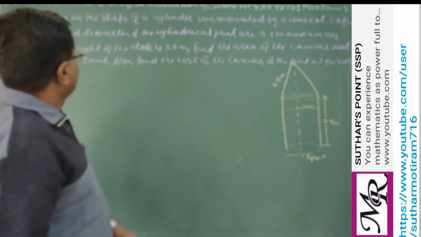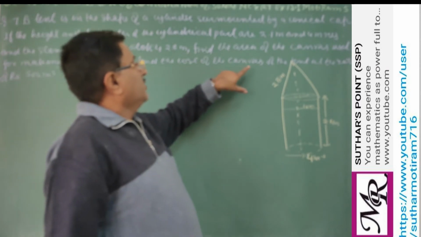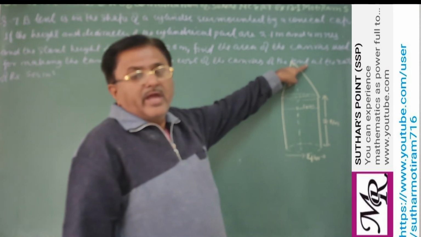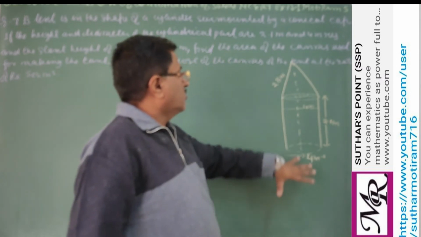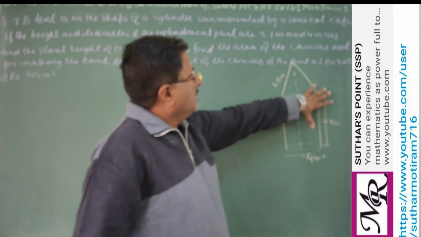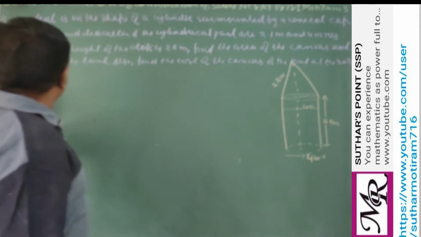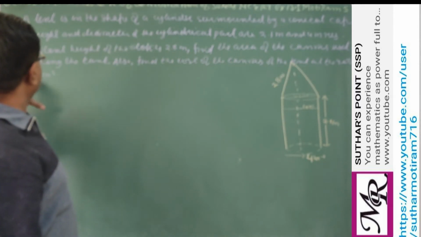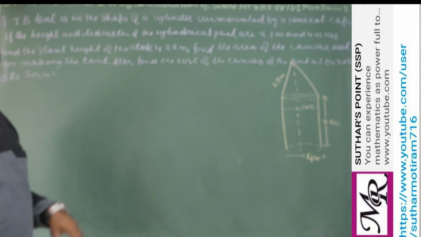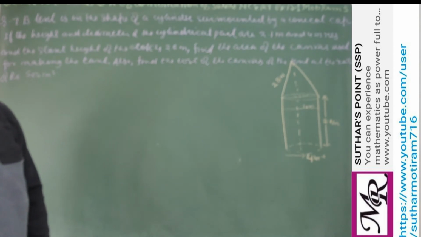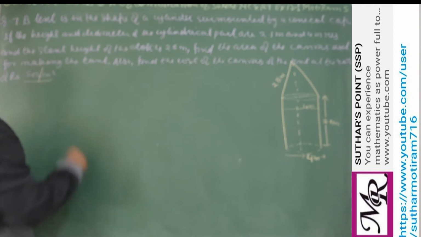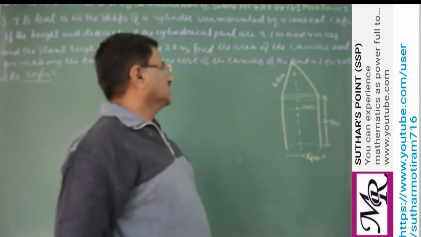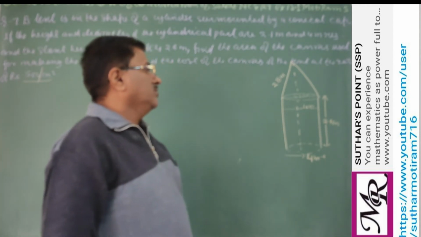It also says find the cost of the canvas of the tent. You also have to find what the total cost of this canvas will be if the rate is given as rupees 500 per meter square. For 1 meter square it is 500, then what will be the total cost?